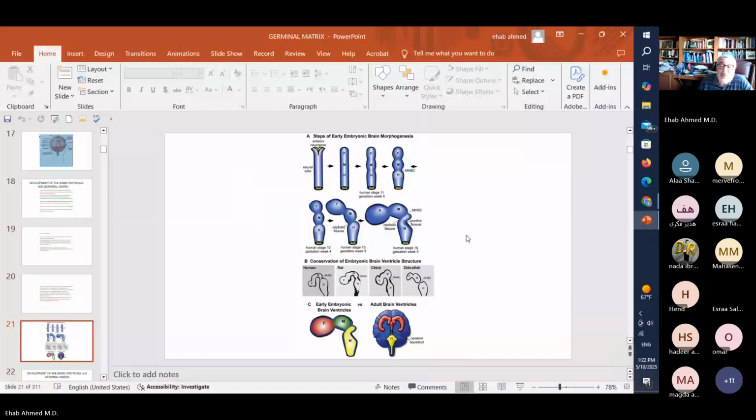And the forebrain is where we can find the ventricular system with the germinal matrix evolving inside those ventricles lined with ependyma.